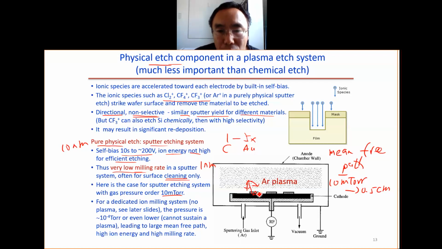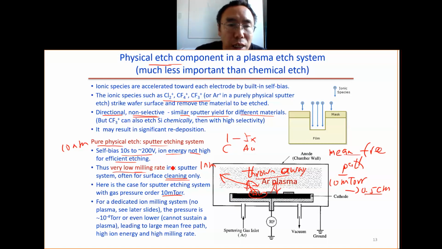So the material like gold cannot be thrown away from the target. It cannot go far away, because the mean free path is only 0.5 centimeter. There will be a lot of collisions. Then it comes out, then bounces back.